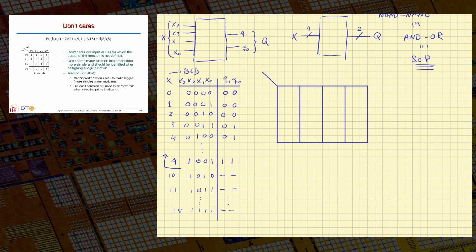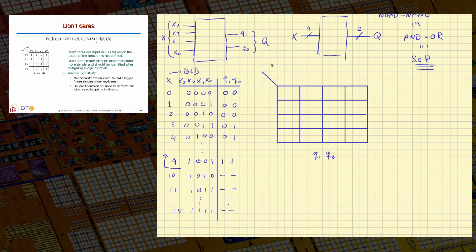And what I'm going to do in this kernel map is put the value of both outputs of the circuit at the same time. So this kernel map will be for Q1 and Q0 as well.